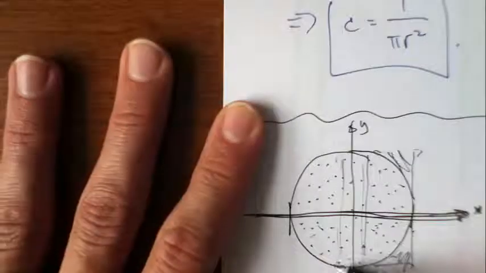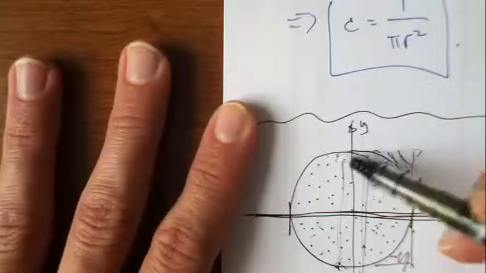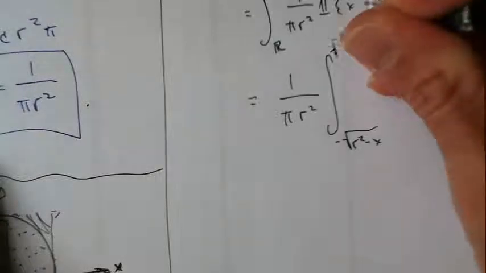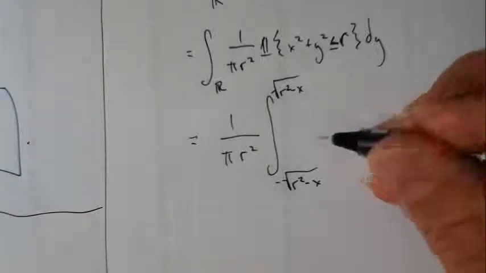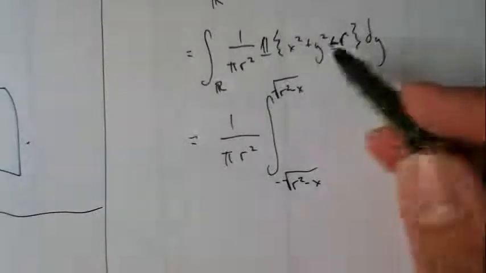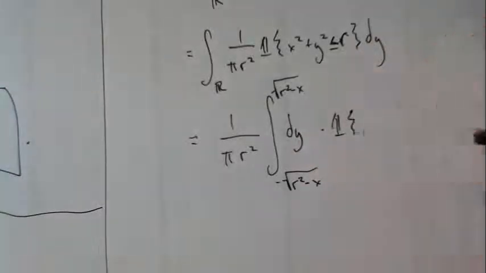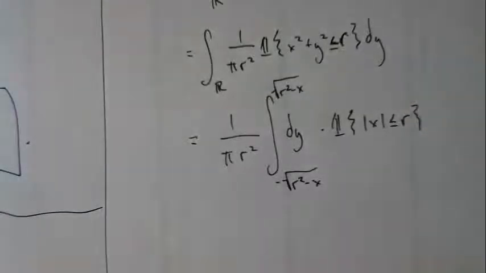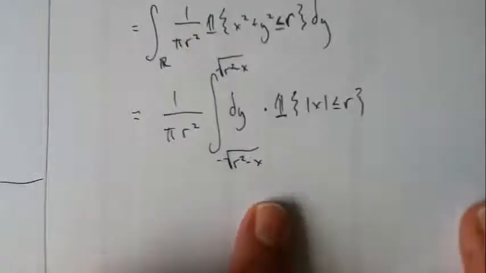It's the same kind of deal as before, from negative root of r squared minus x squared to positive root of r squared minus x squared. So this indicator function is just 1 dy. I do need to stipulate that the absolute value of x is less than or equal to r, so that I want this marginal density function to be defined over the entire real line.